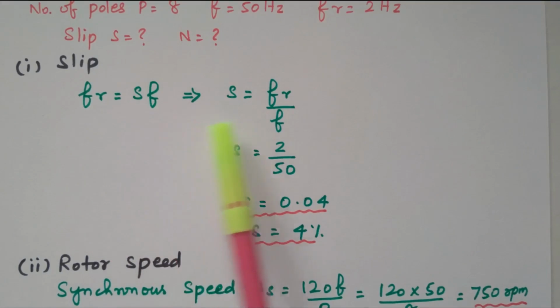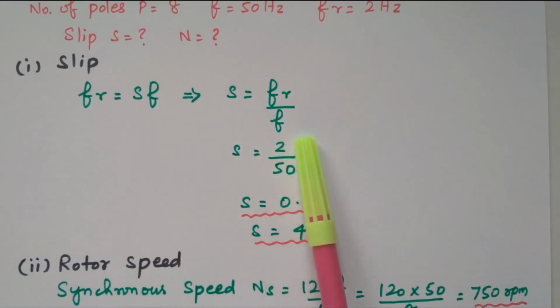So from that, S equal to Fr divided by F, rotor frequency divided by F. The rotor frequency is given as 2, the supply frequency is 50. So 2 divided by 50 is 0.04. That is nothing but 4%. So for this given data, the slip of the induction motor is 4%.